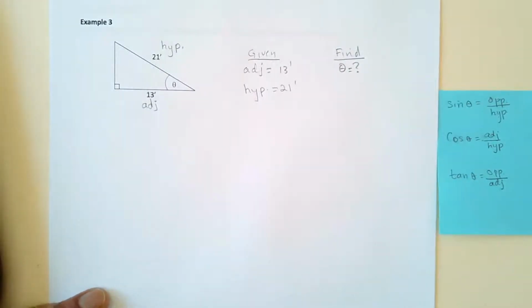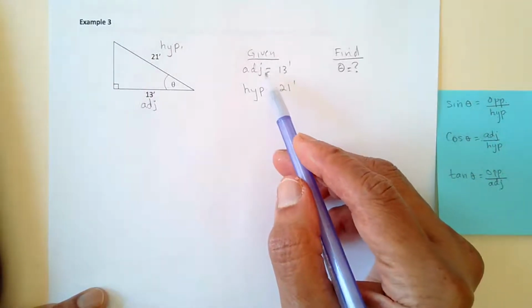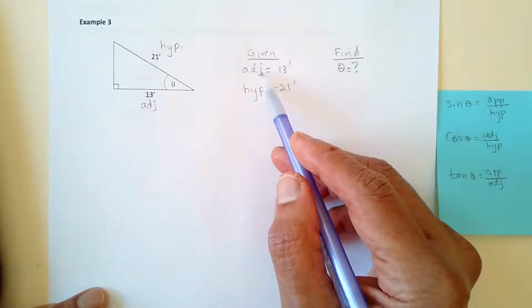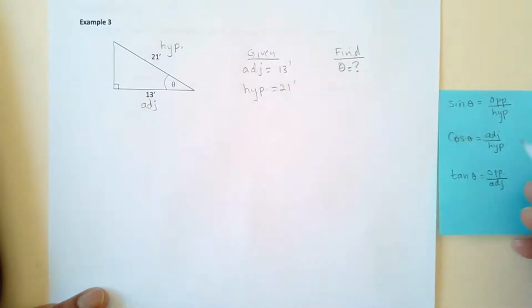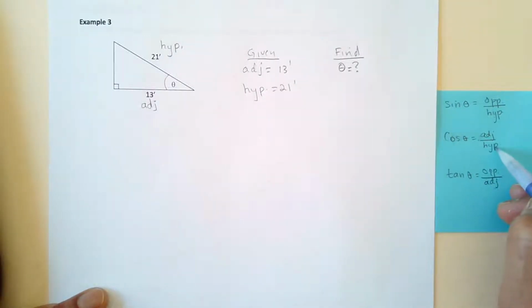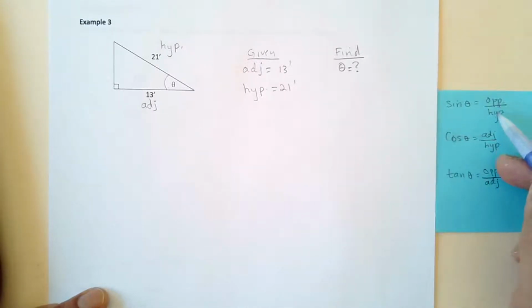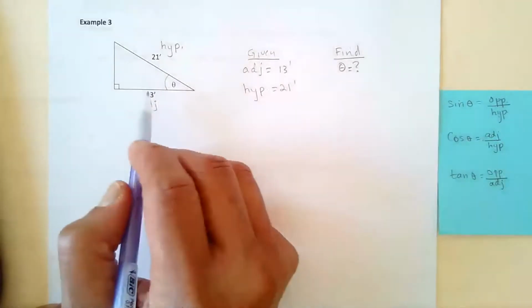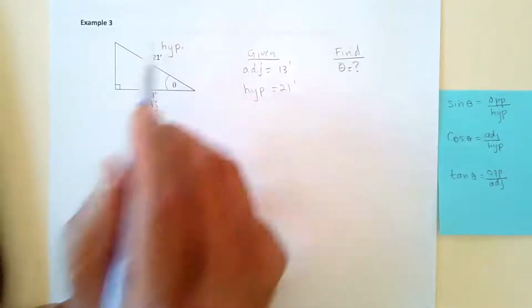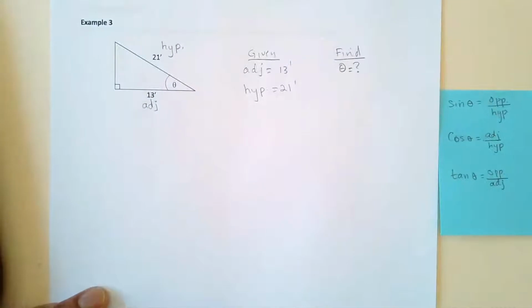Question mark. So I'll go back to my trig ratios. Where do we find adjacent and hypotenuse? Adjacent and hypotenuse would be cosine. So now we'll use our cosine ratio, because we have our adjacent side and we have the hypotenuse.